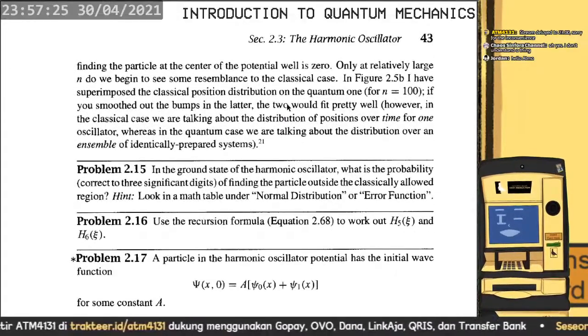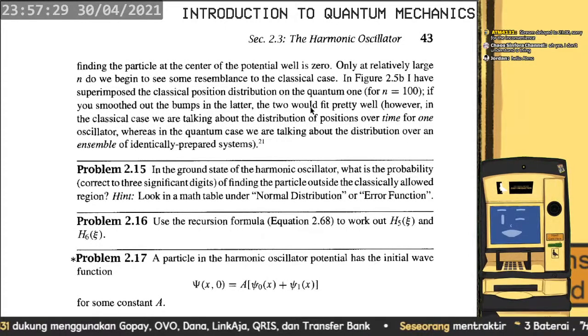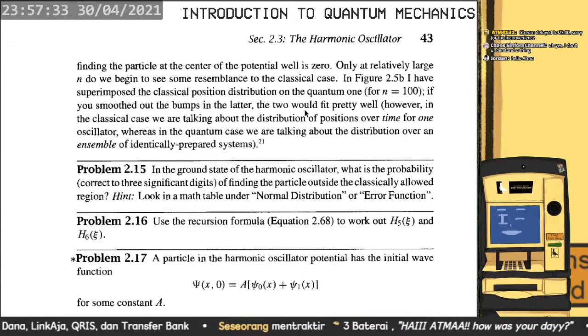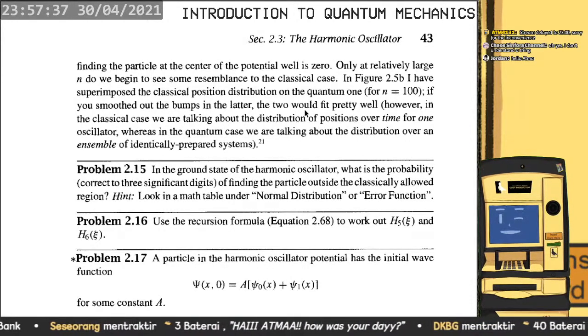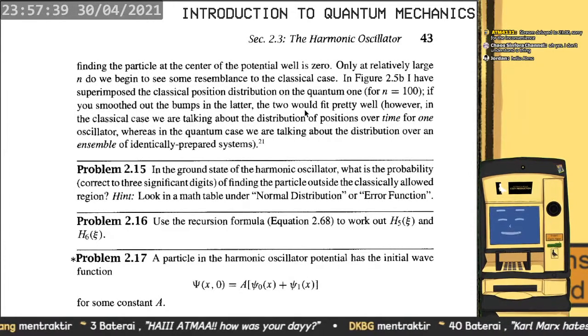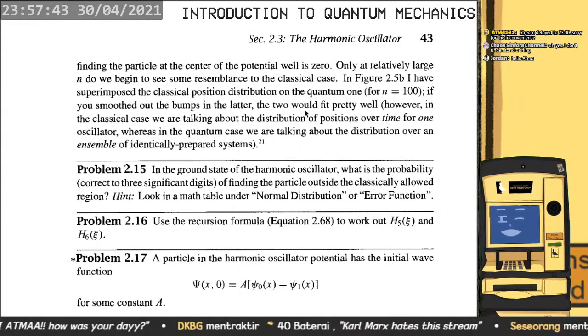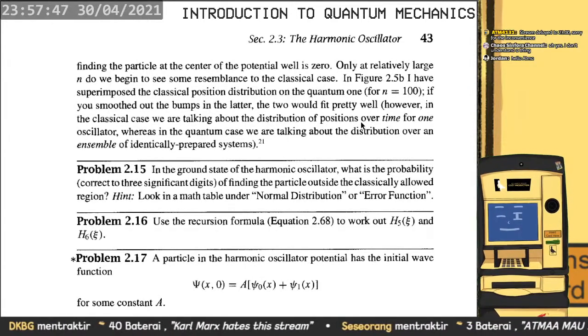finding the particle at the center of the potential well is 0, only at relatively large n. And we begin to see some resemblance to the classical case. In figure 2.5b, I have superimposed the classical position distribution on the quantum one for n equals 100. If you smooth out the bumps in the latter, the two will fit very well.